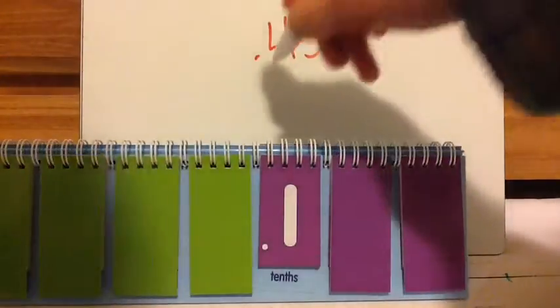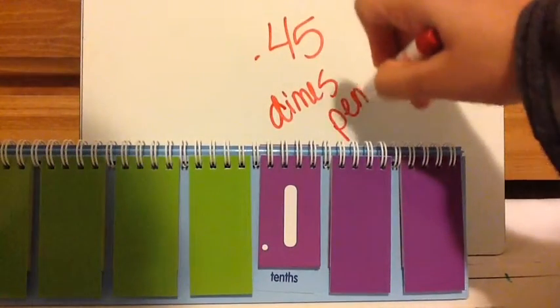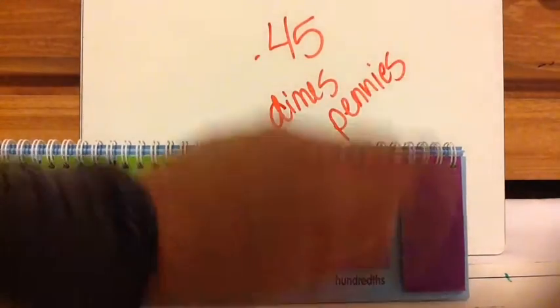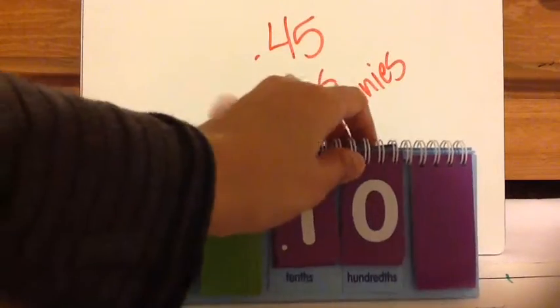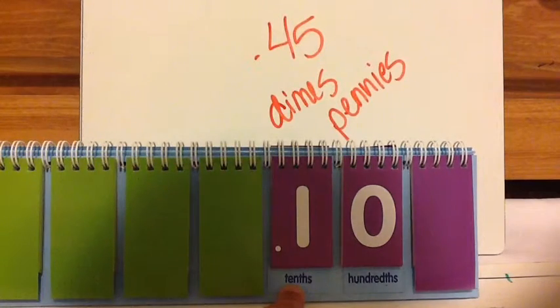So if you think of tenths as dimes, then you need to think of this as pennies. And if this is pennies, then this is the hundredths place. Because it takes 100 pennies to make $1, it takes 10 dimes to make $1.